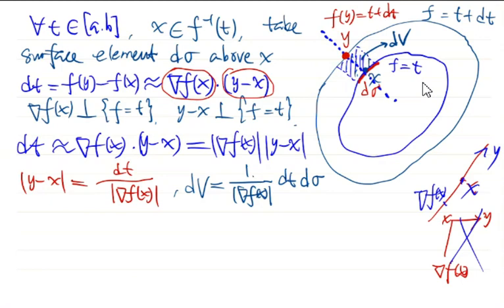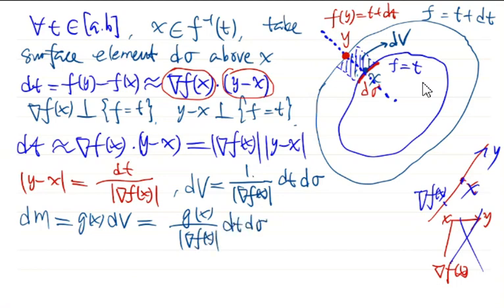So the mass element is dm. dm will be the density of x, g(x) dv. Therefore, this will be g(x) divided by the gradient of f, then dt d sigma.